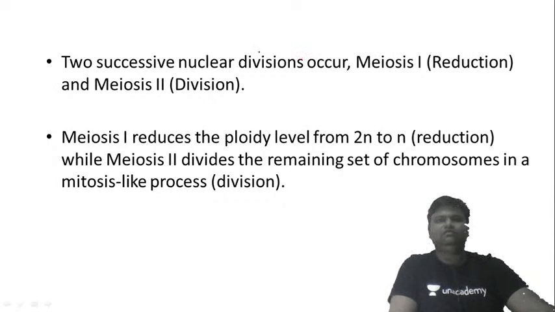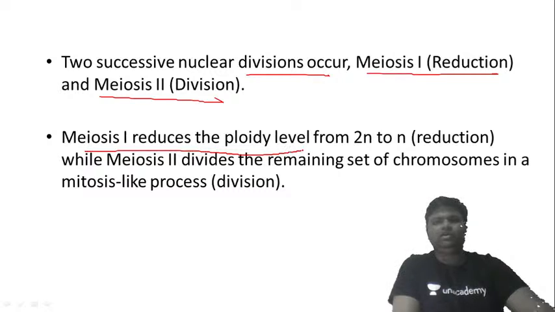So two successive nuclear divisions occur. One is meiosis 1, that is the reduction division. The other one is meiosis 2, that is the equational division. Meiosis 1 reduces the ploidy level from 2n to n, that is the reduction phase, while meiosis 2 divides the remaining set of chromosomes in a mitosis-like process.